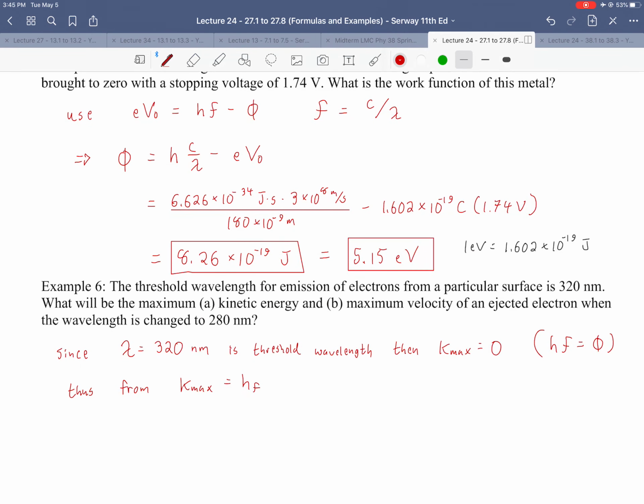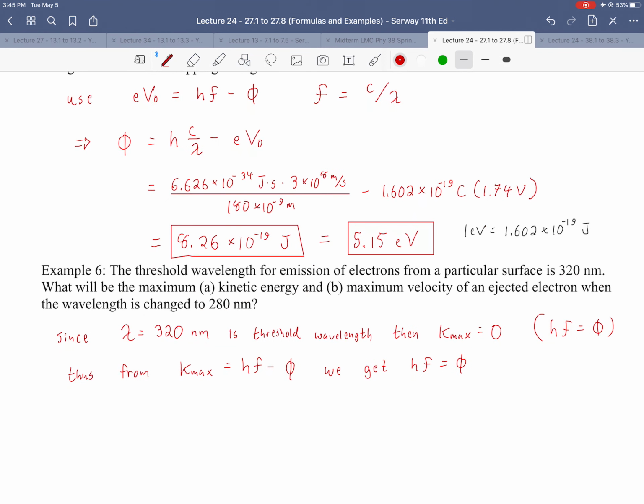K here of course stands for kinetic energy. I know sometimes you write KE, but to be shorter, just writing K. So hf minus phi, all right? We get hf equals phi, okay? So the photon energy exactly equals the work function energy, okay?